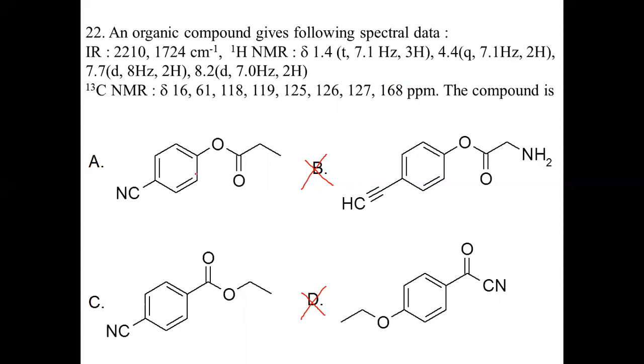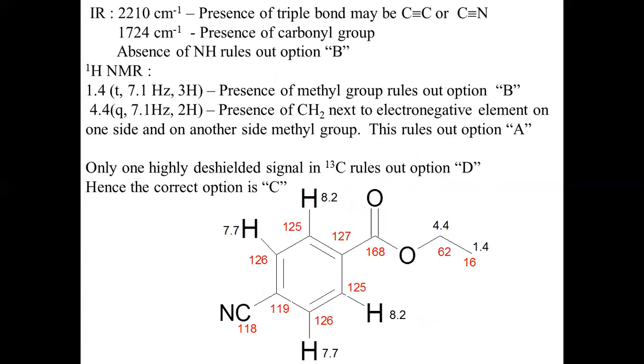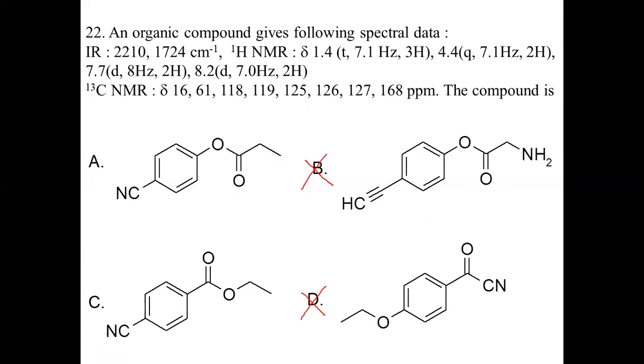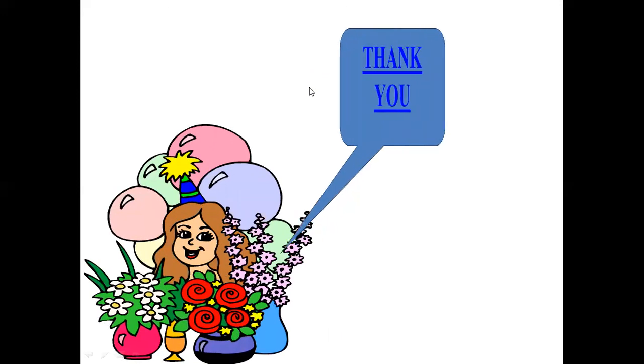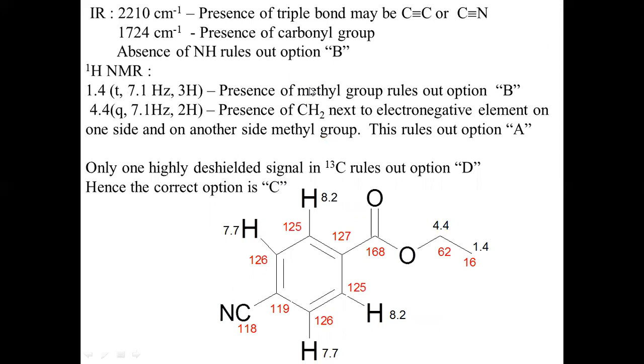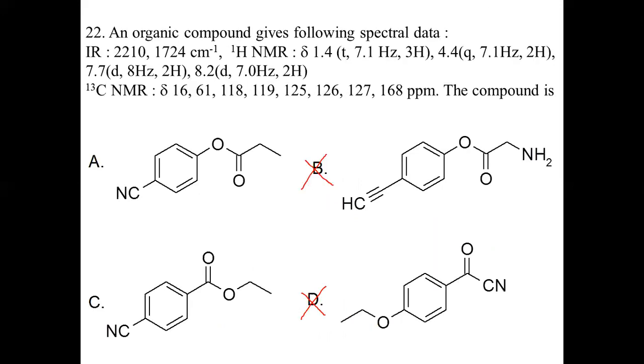Now between A and C, here you have a methyl group. Fine, in proton NMR, presence of CH2 next to an electronegative element on one side and on another side, an electronegative element, CH2 group.